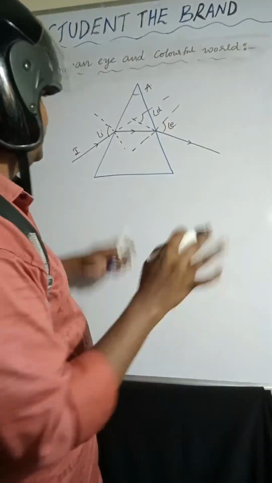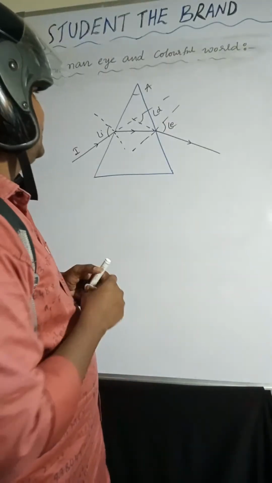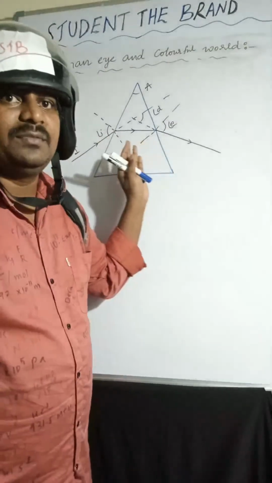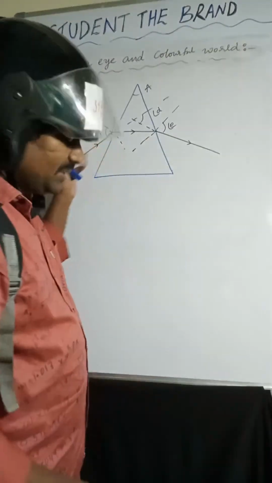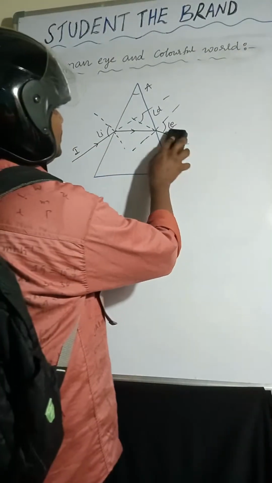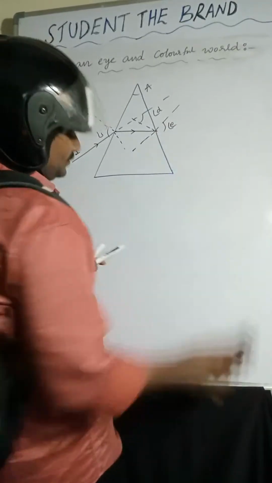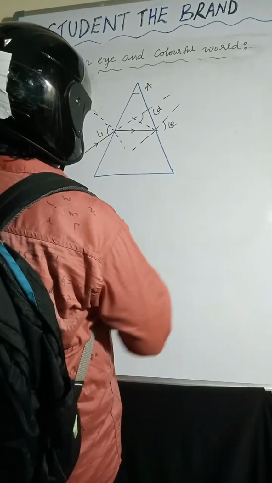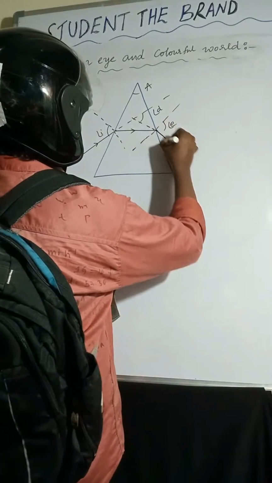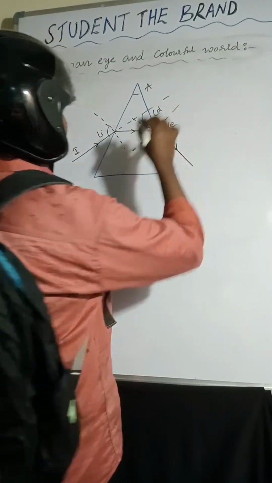Okay. So this is about if the light ray is passing. Trace the path of the white light ray means you have to do this. So you can draw like this. Here if you are taking like this, it passes through like this.